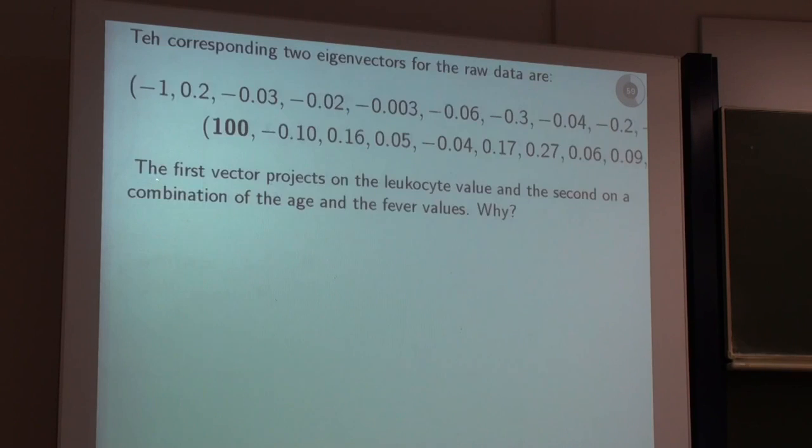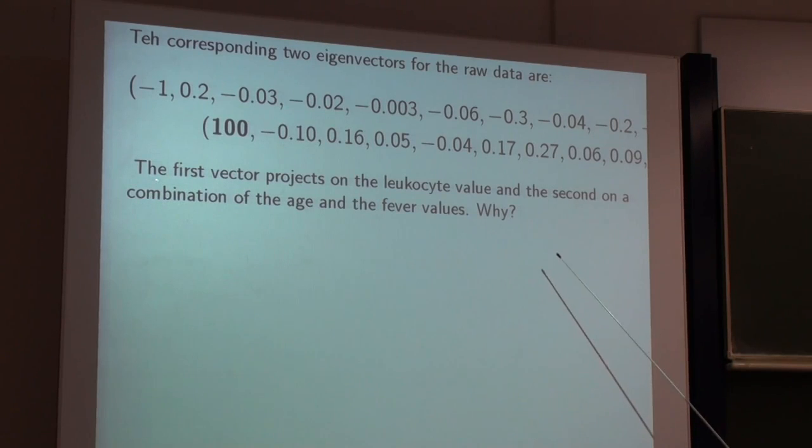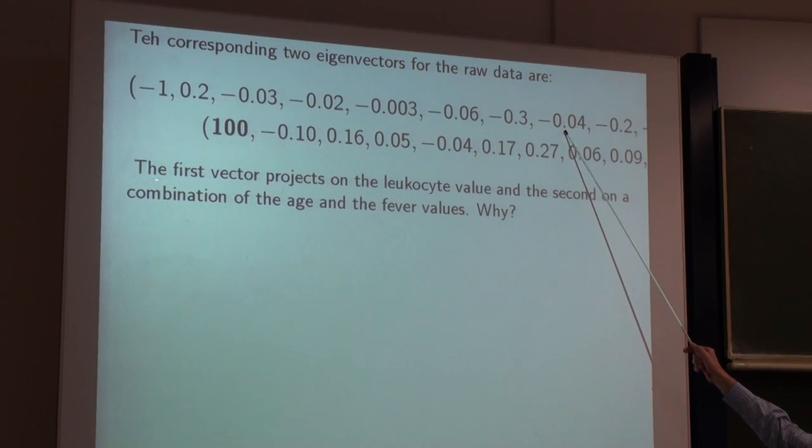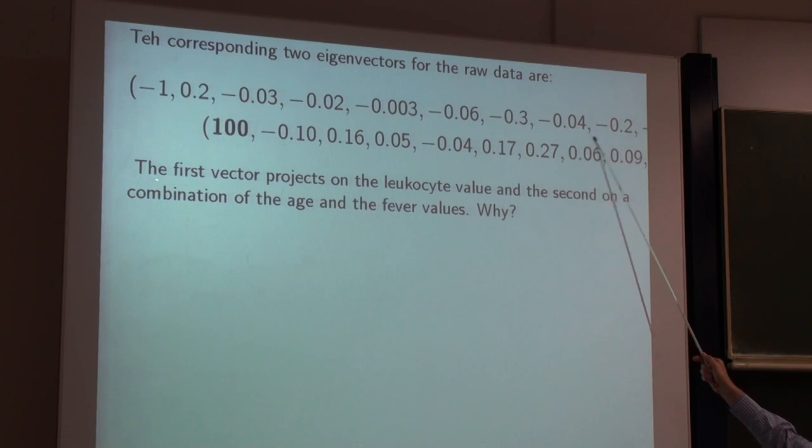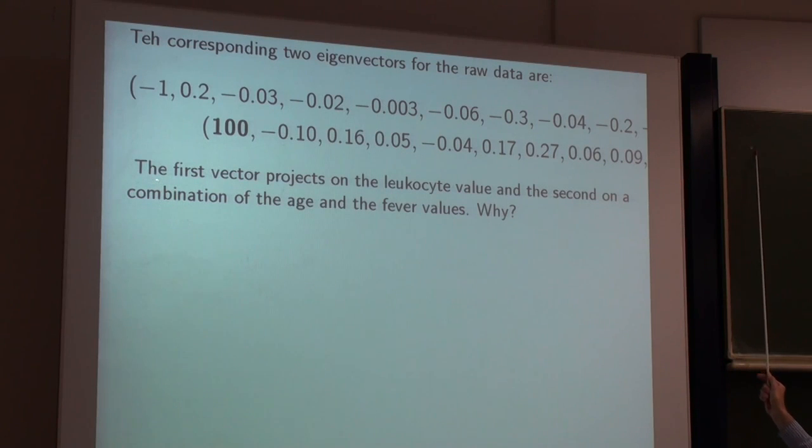If you look at, sorry, it's cut on the slide, the principal component, which is this here, behind here we have a value of something like 10,000 compared to these extremely small values. So the principal component just projects out the leukocyte value.